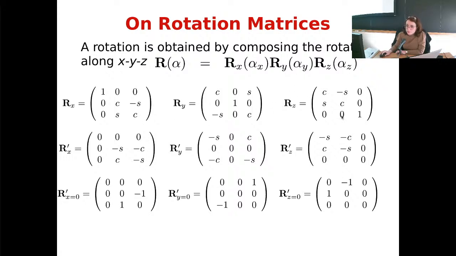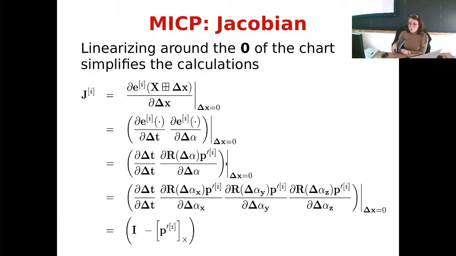And it is also to give you a quick reference to the derivative of these rotation matrices and to the values of the derivatives in the angle equal to 0, because we will be using this in the computation of the Jacobian. Okay. I move on with the Jacobian, where we will stay a little bit more on.